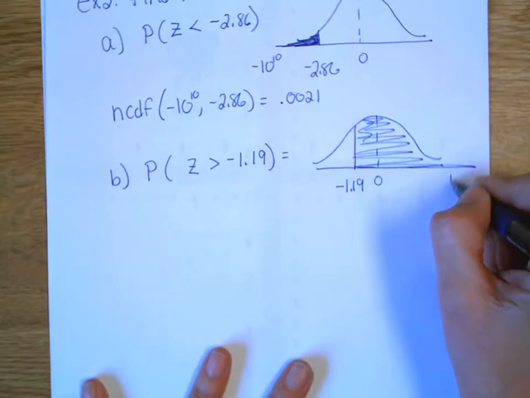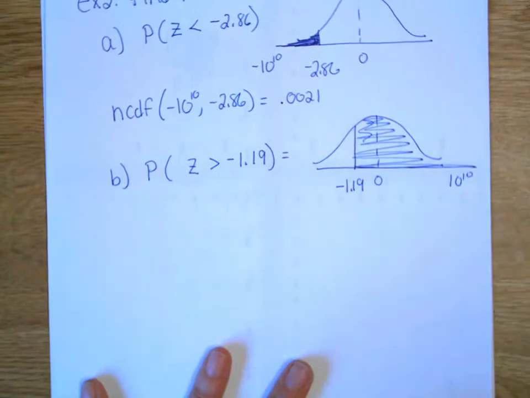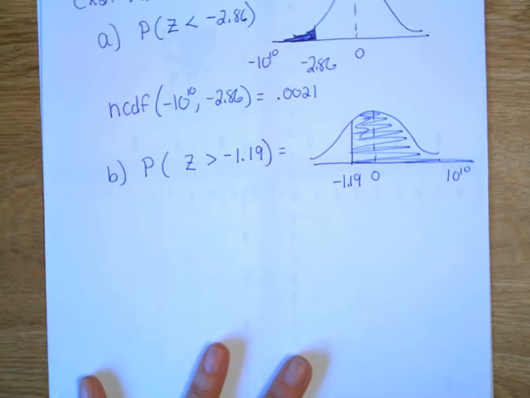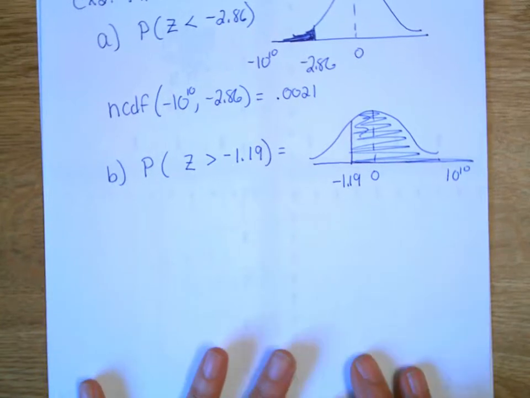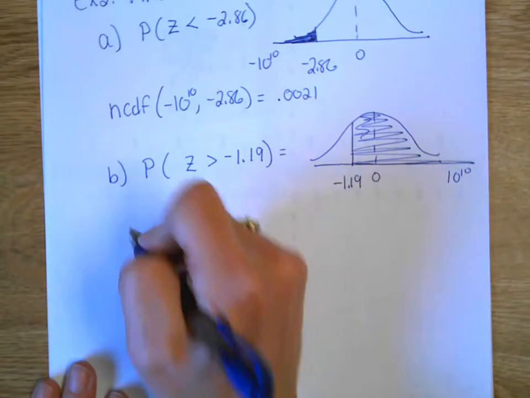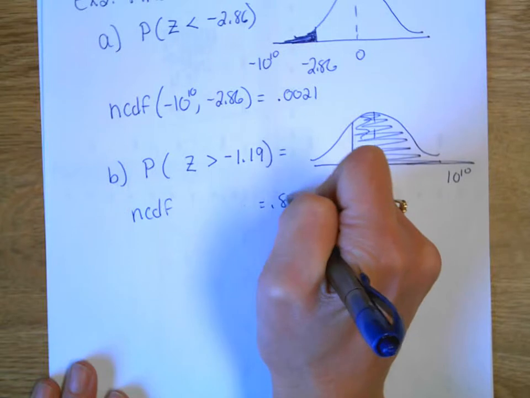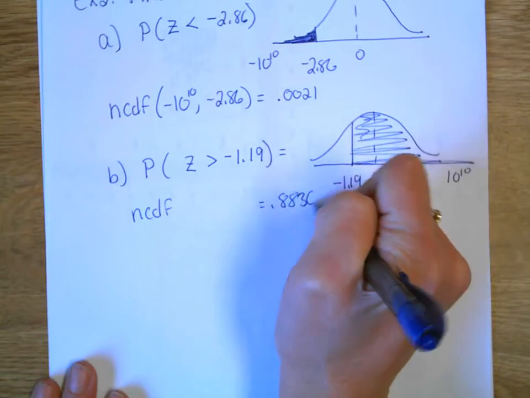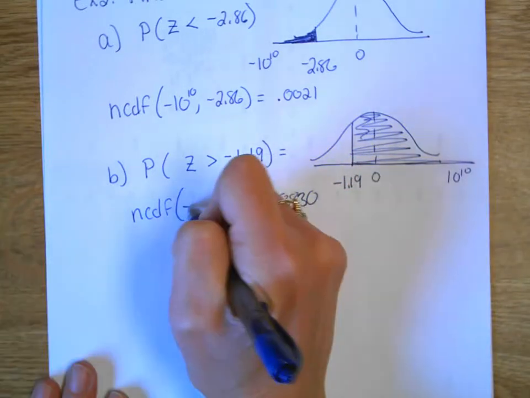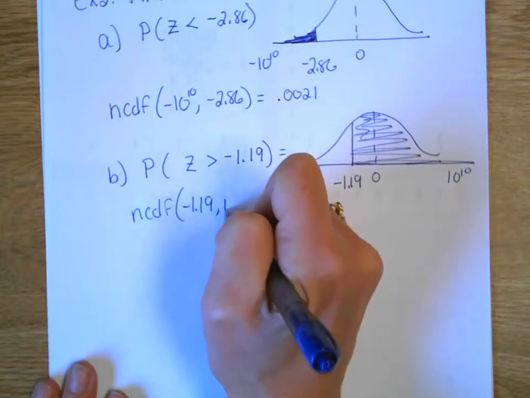Your second z-score would be this 10 to the 10th where the shaded region goes out to. Sounds about right. Should be big. So left is negative 1.19 and 10 to the 10th.